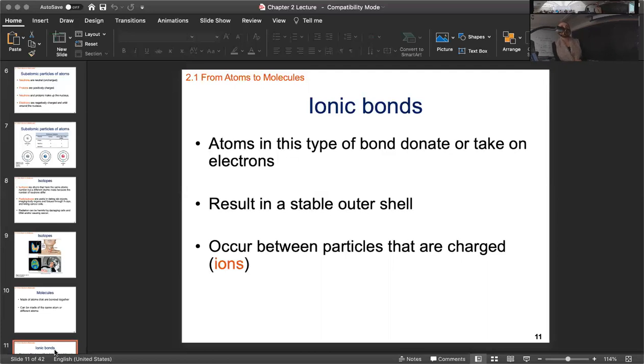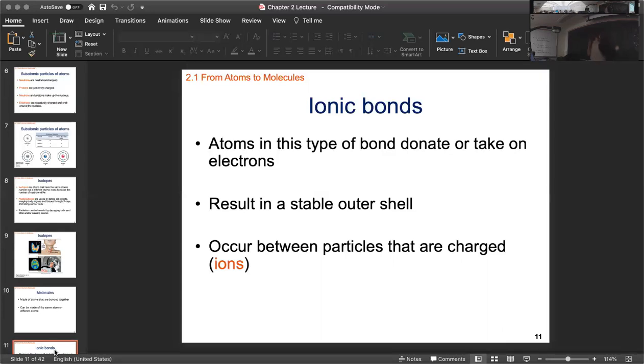This first one is called ionic bonds, okay? This type of bond donates or takes on electrons. The way that I like to remember this one is called I donate. I don't know, maybe I donate to Goodwill, I donate plasma. This is the phrase I like to remember. I donate.